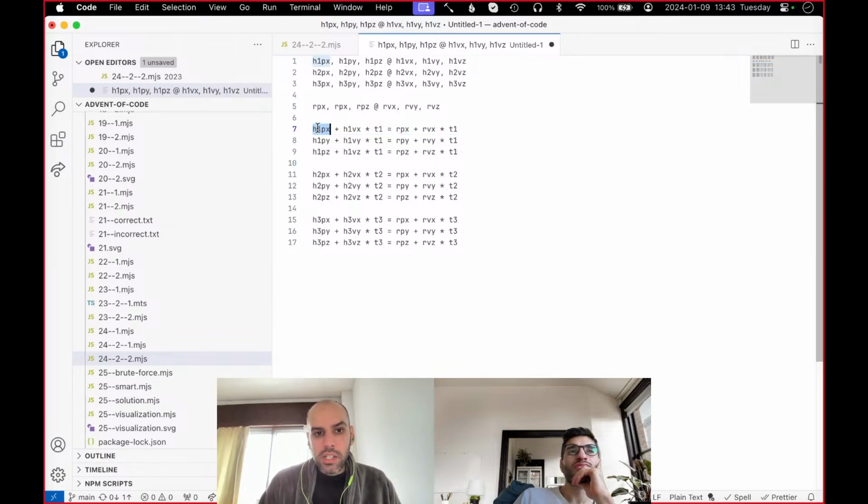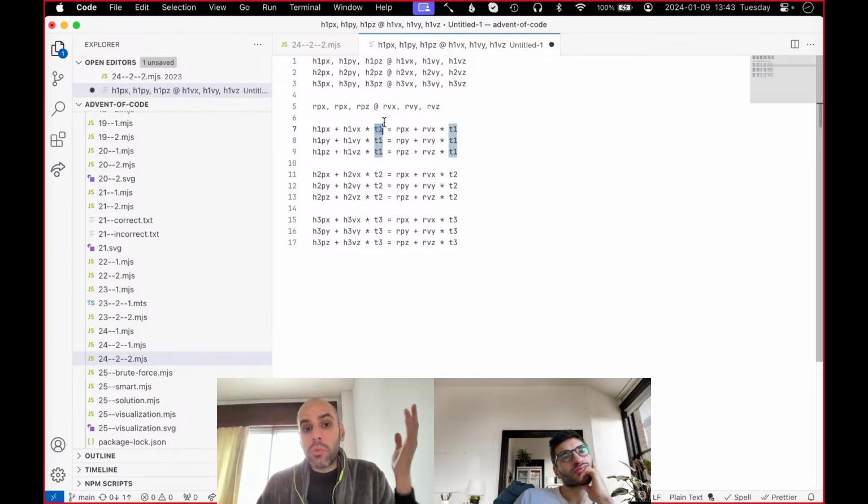You will say that the initial position of the rock on the hailstone on the x-axis plus its velocity times a given time t1. We don't know what t1 is, but it's the time when the rock is going to hit the hailstone. Well, this computes the position of the hailstone, and this computes similarly the position of the rock.